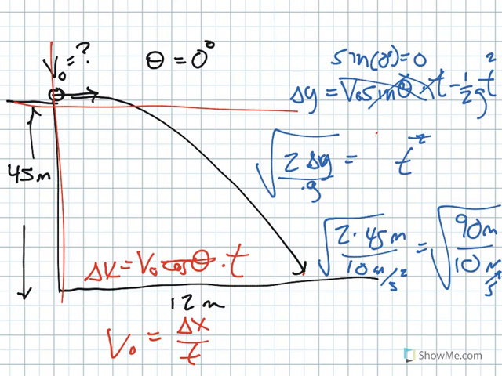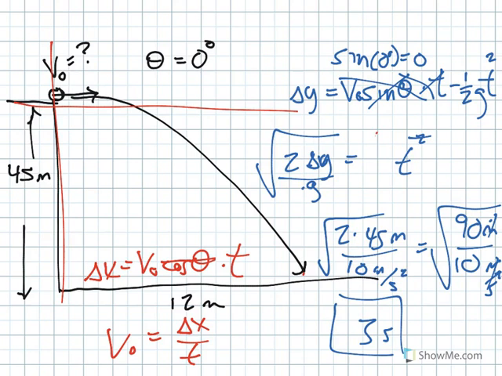Numerically, 90 divided by 10 is 9, and the square root of 9 is 3. The meters cancel each other out, so 1 over 1 over seconds squared is seconds squared, and the square root of seconds squared, thankfully, is seconds. So it's going to take 3 seconds to hit the ground.